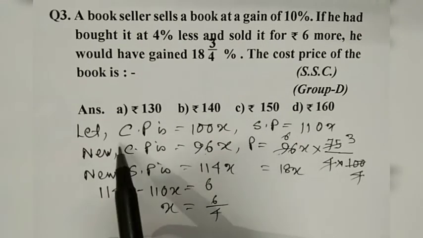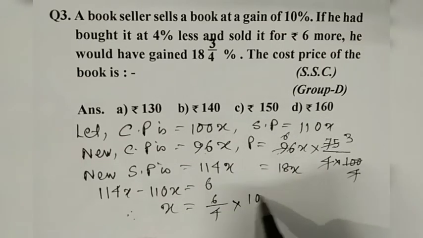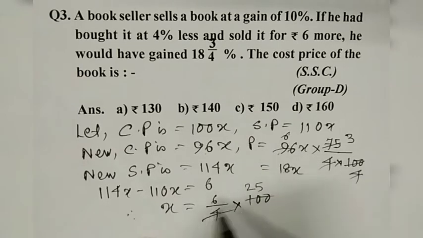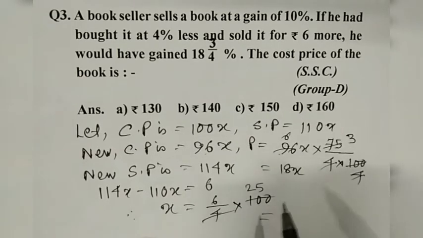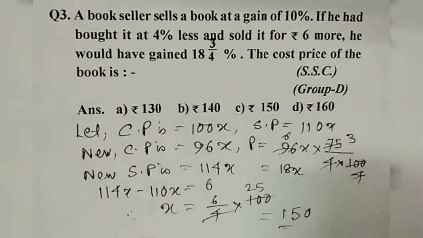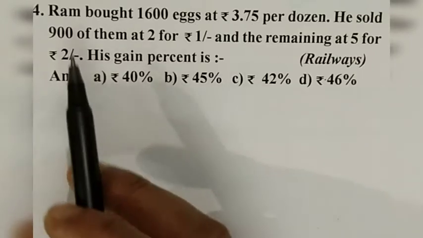But our cost price is 100x. Then into 100. 6 into 25, 150. The answer is C. Okay. Let's see question number 4.